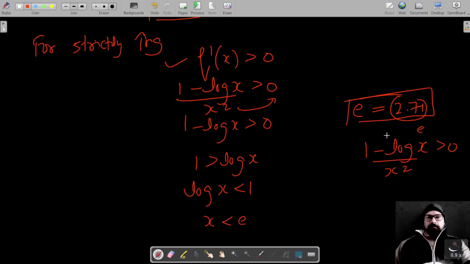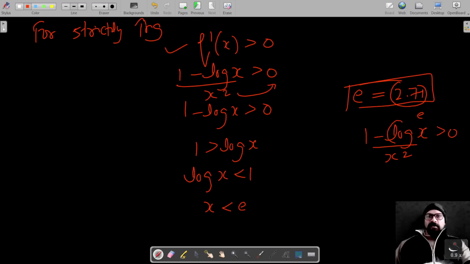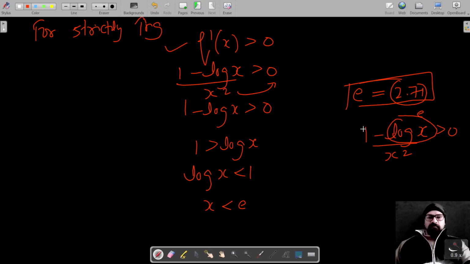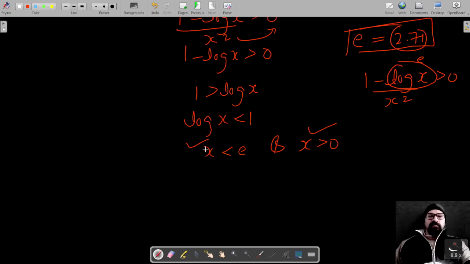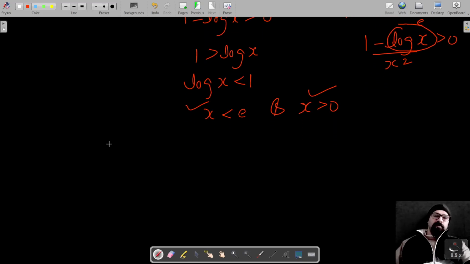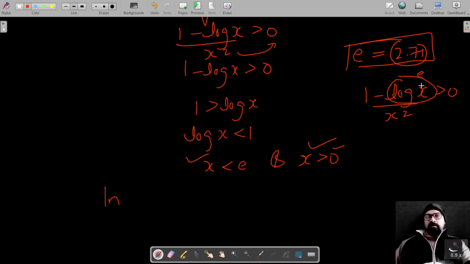But log x can take only positive values, and for that our x should also be greater than 0. So x should be greater than 0 and x should be less than e. It should not be equal to 0, because if I put x as 0 here, this becomes 1 upon 0, which is undefined.